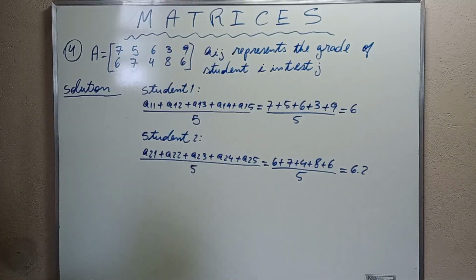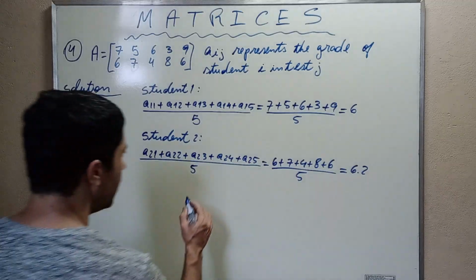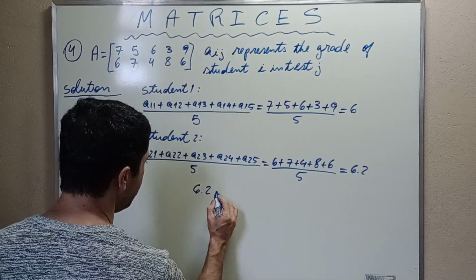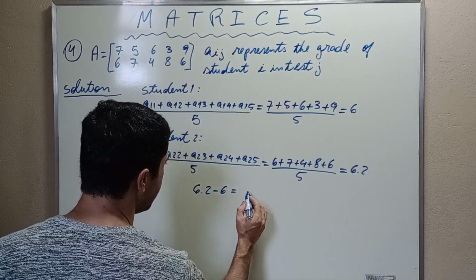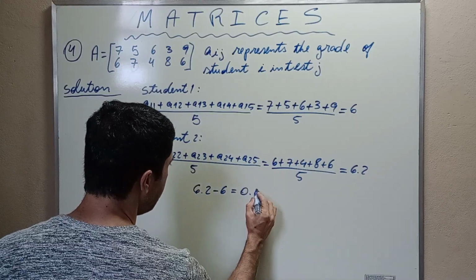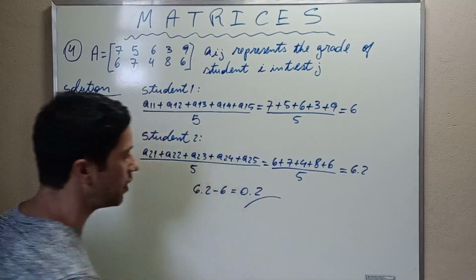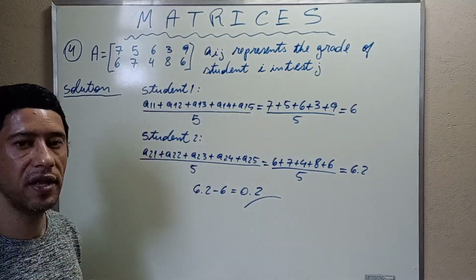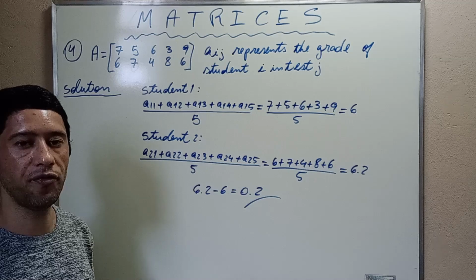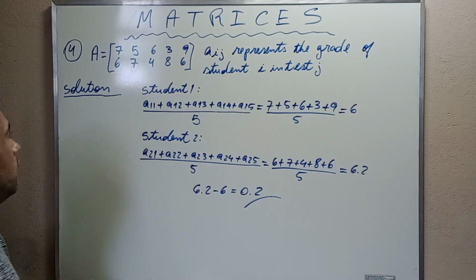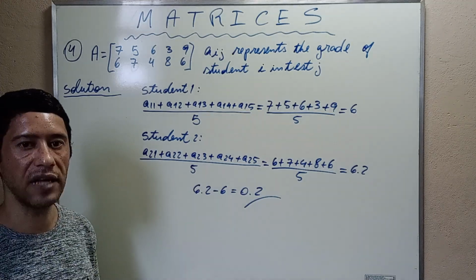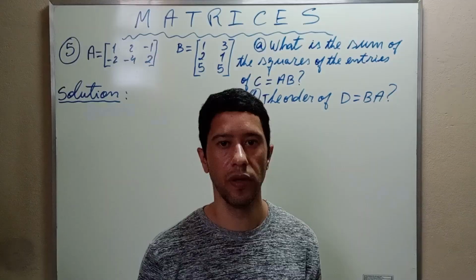The question was, by how much was the average grade of student 2 higher than the average grade of student 1. So it is 6.2 minus 6, and this is equal to 0.2. Okay, my friends, and this is the solution of exercise number 4. Let's go to the next.